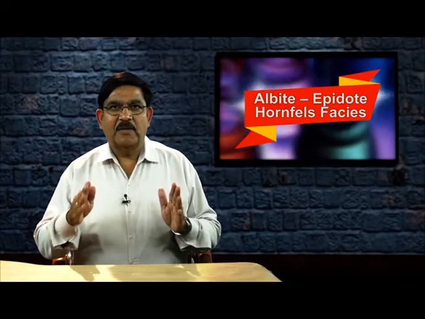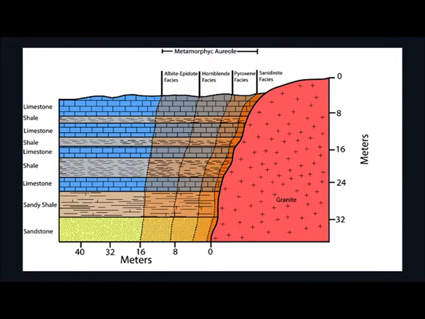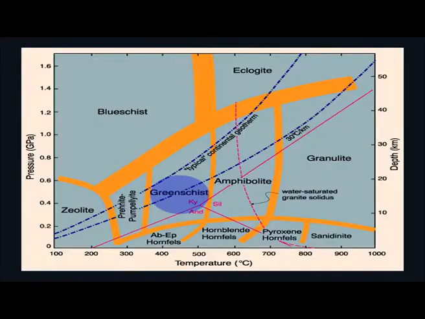The contact or thermal metamorphic facies develop when hot magma, gabbro, syenite or granite intrudes the country rock at shallow depth of crust and are considered as low pressure metamorphic facies. Usually, the load pressure is less than 4 kilobar, that is below the triple point of Al2SiO5.